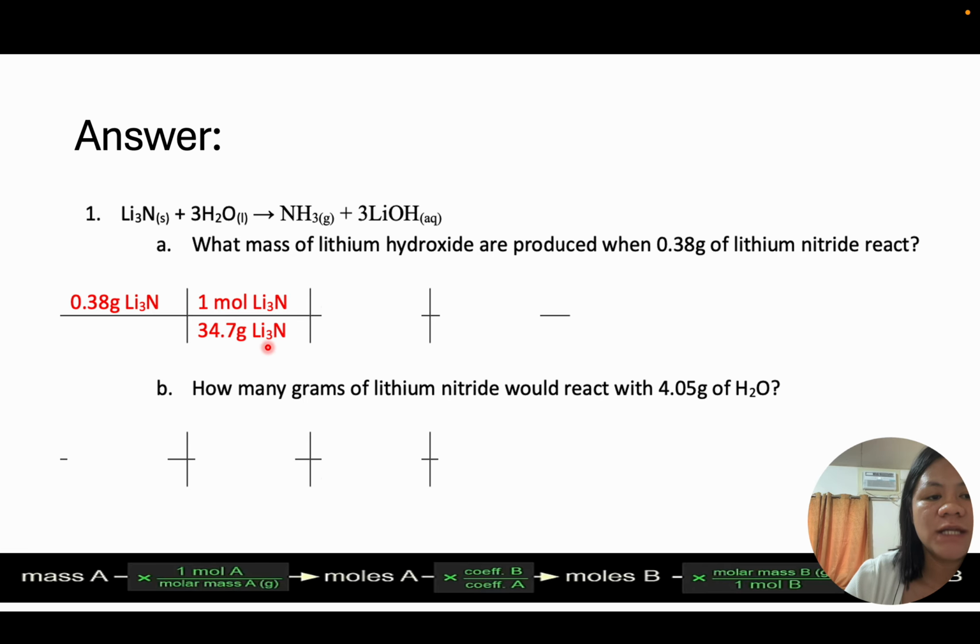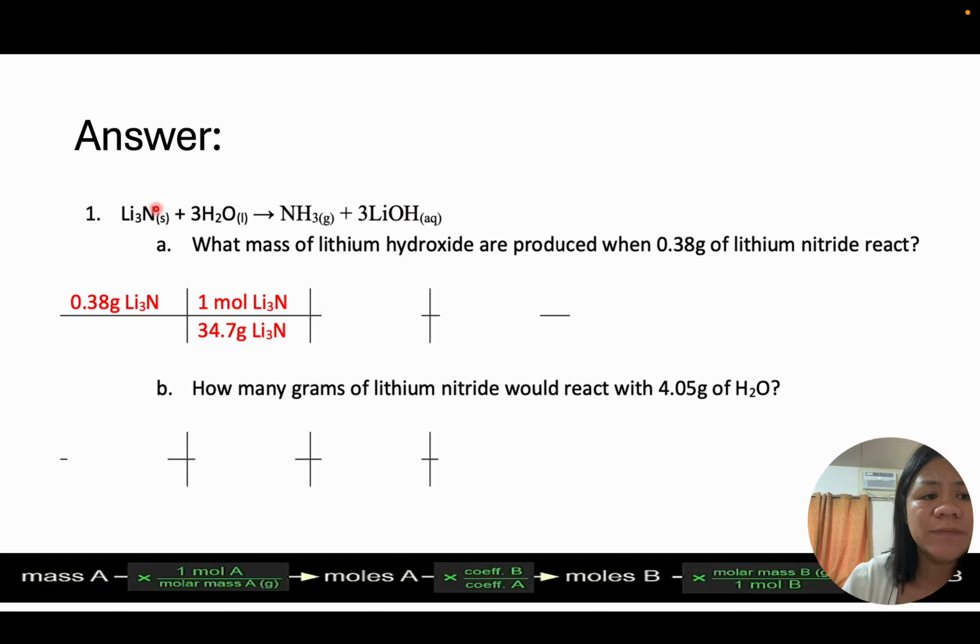And then after this, we look at the coefficients of the equation. What we are looking for is only the lithium nitride and the lithium hydroxide. So only these two we will look at.